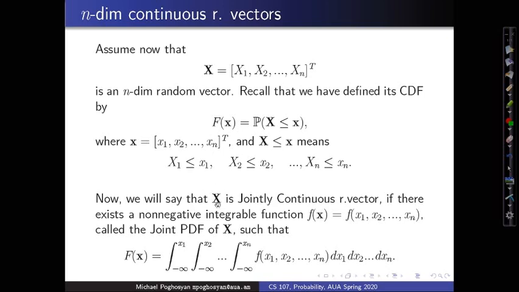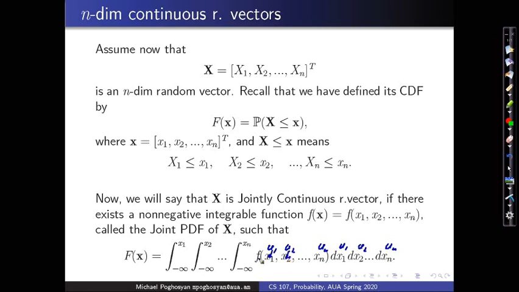Now we say that our random vector x is jointly continuous if there exists a non-negative integrable function f of x, f of x1, x2, etc., xn, of n variables, called the joint PDF of x, such that the joint CDF is the integral of the joint PDF over this region. Maybe it is better not to write x1 here, so let me use u1, u2, un, f of u1, u2, un.